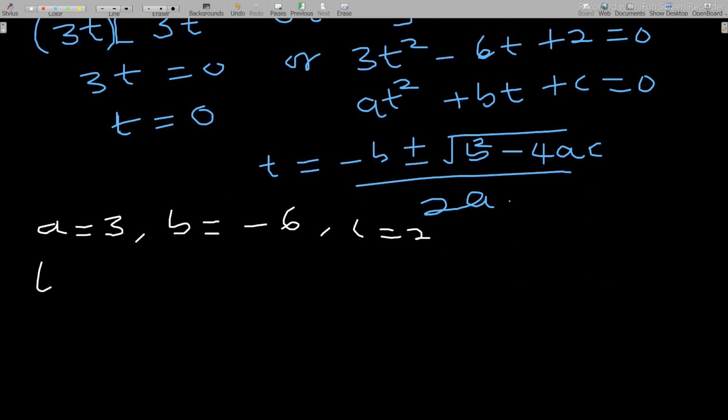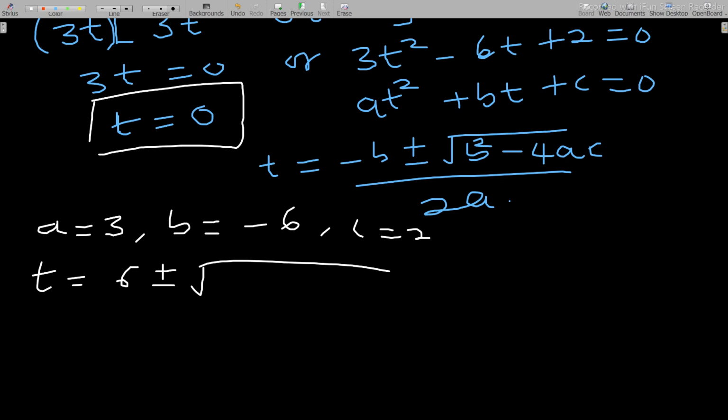So I have my t being equal to, so t is 0 here for the first root, and t is equal to minus b, so minus negative 6, and that will give me positive 6, plus or minus the square root of b squared, that means negative 6 squared, and that is 36. Okay, minus 4ac. 4 times a is what? a is 3, 4 times 3 is 12, times c, which is 2, so 4 times 3 times 2 is 24.